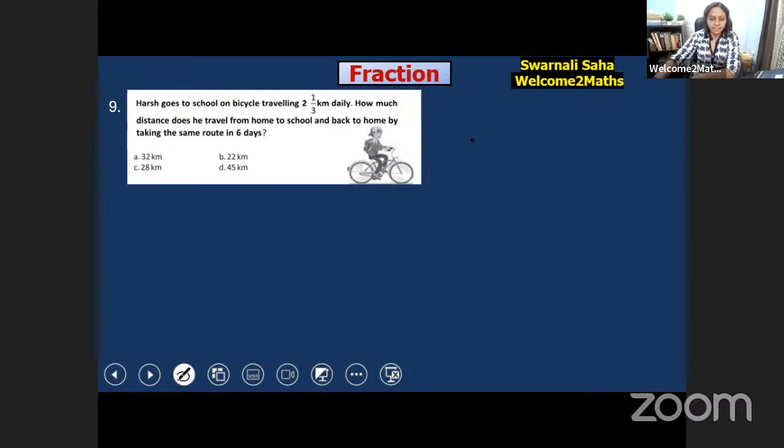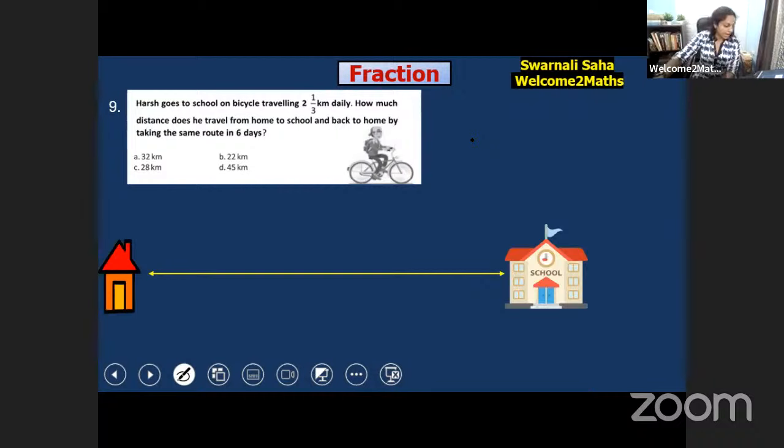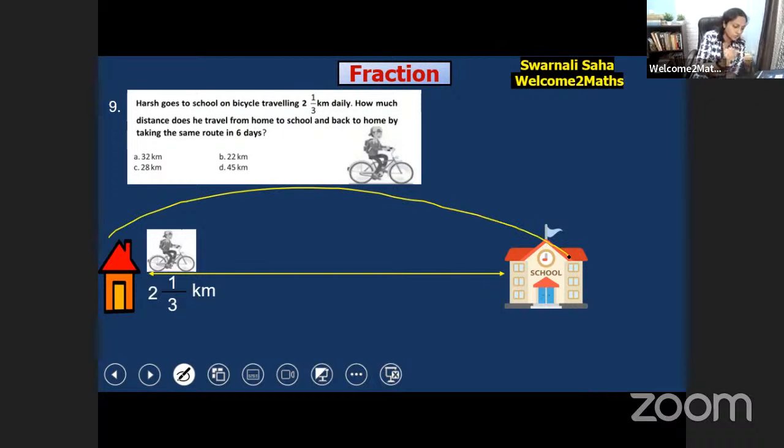So let's check the answer. You see, Harsh goes to school on bicycle traveling 2 and 1/3 kilometer daily. Here is Harsh's home and here is Harsh's school. He is going 2 and 1/3 kilometer daily from home to school.